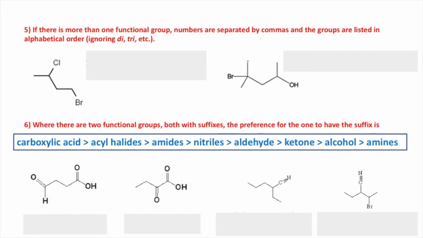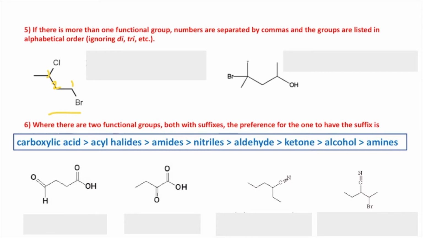So if we happen to have more than one functional group, then numbers are separated by commas, and the groups are listed in alphabetical order, as we just looked at there. So for this molecule here, I have got a chlorine and a bromine. B comes before C, so we're going to start the name with bromo, followed by chloro.